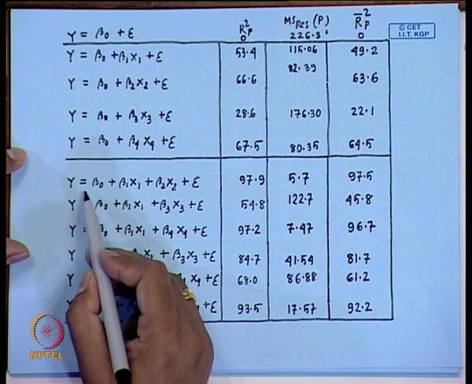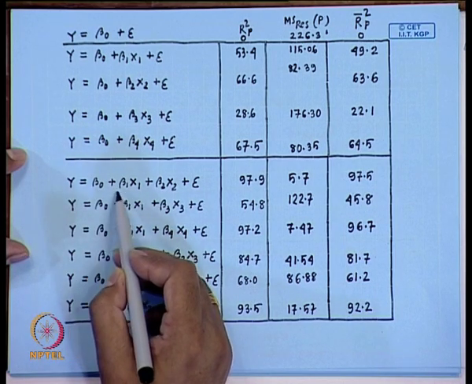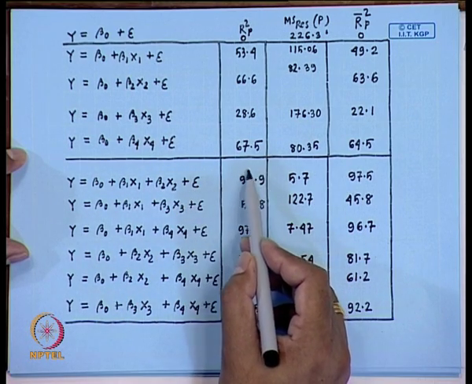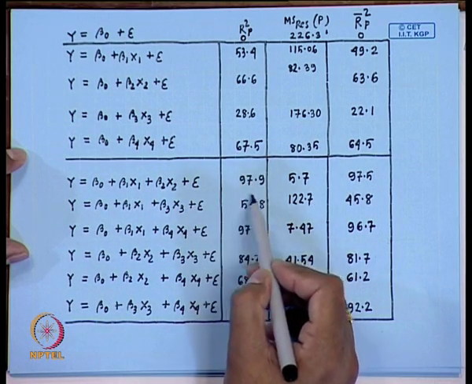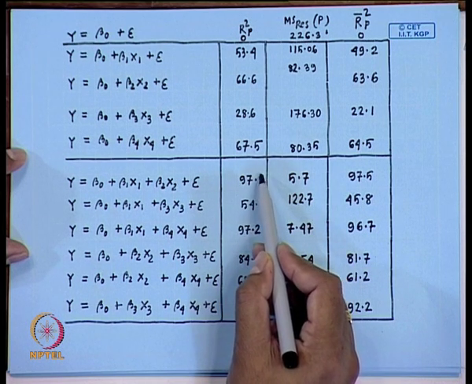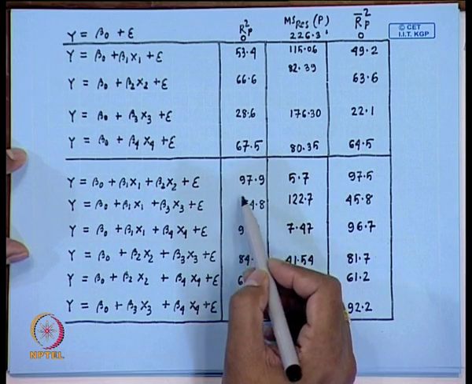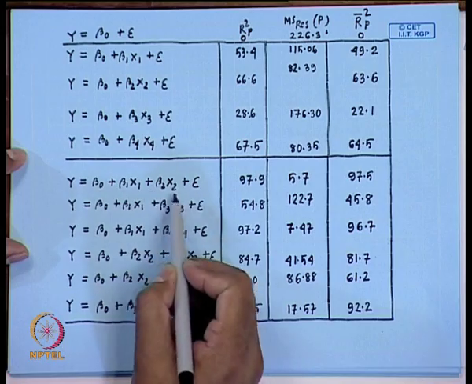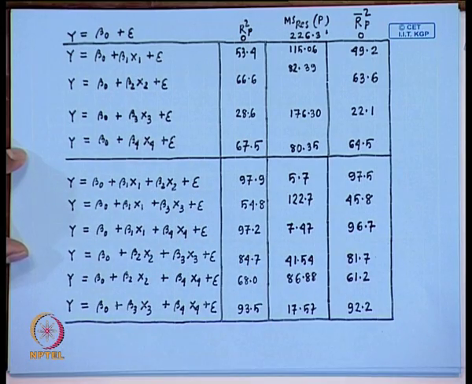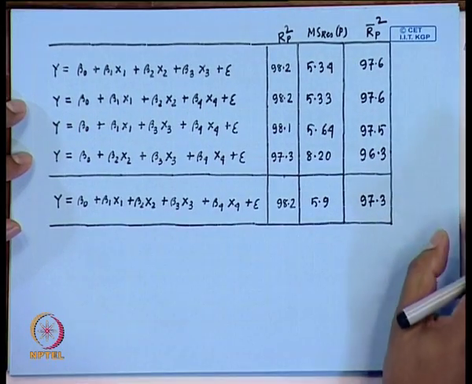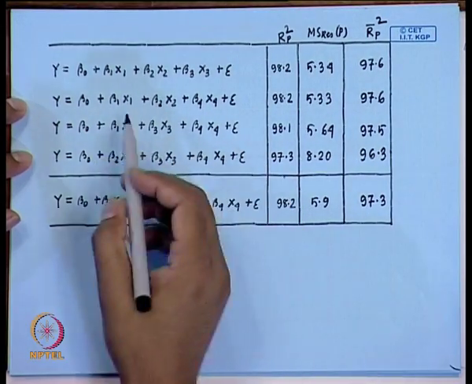That means y equal to beta naught plus beta 1 x 1 plus beta 2 x 2 plus epsilon, because almost 98% of the total variability in the response variable has been explained by this model. Well, so similarly, this is really a hectic job.